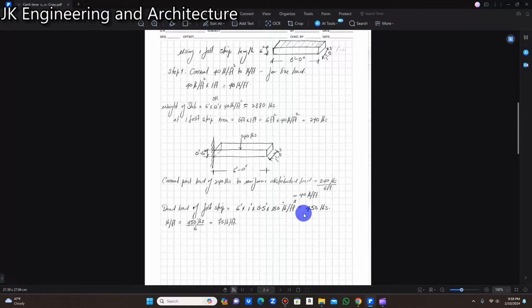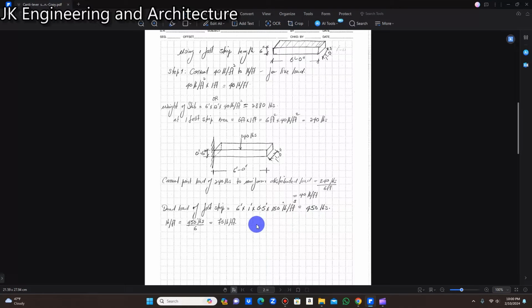So when you times that out, you're going to end up with 450 pounds. That means this 1 foot strip of the cantilever slab weighs 450 pounds.